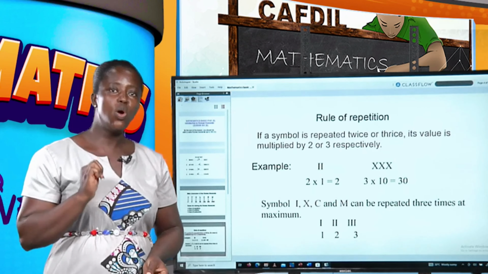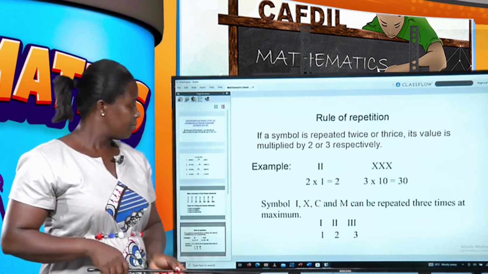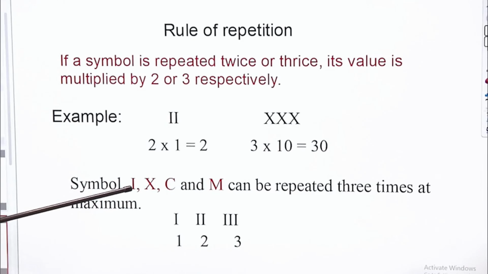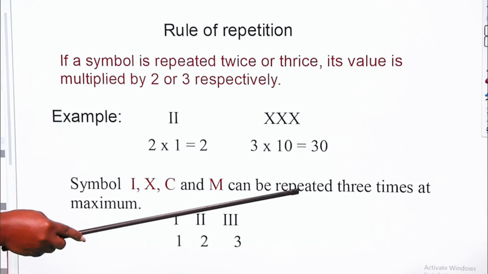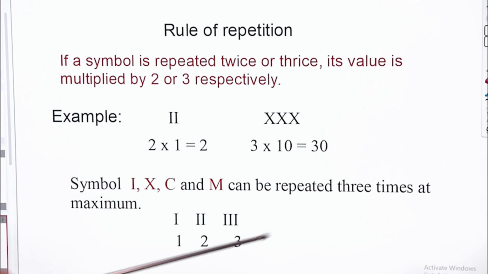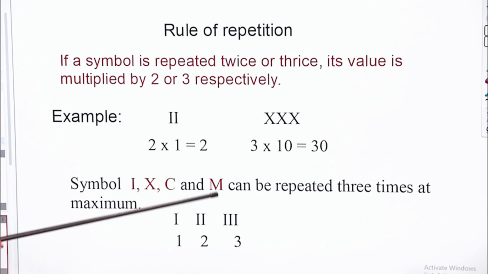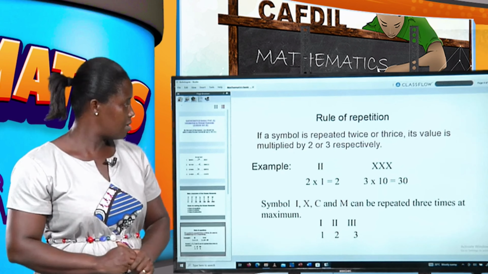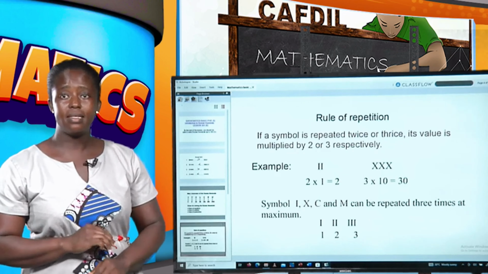Now learners, note: the symbols I, X, C and M can be repeated 3 times at maximum. Let me explain this. If you have I, X, C and M, the maximum you can repeat these characters is 3 times.